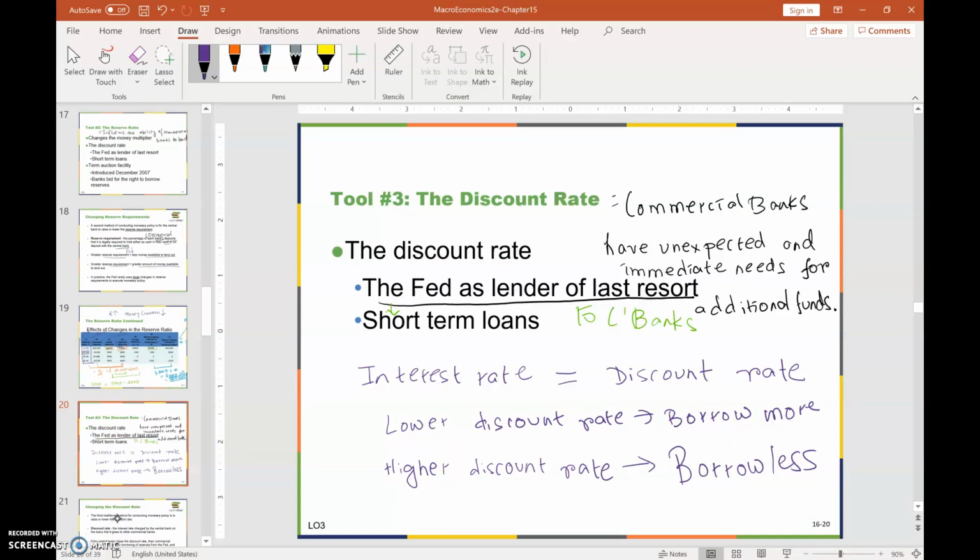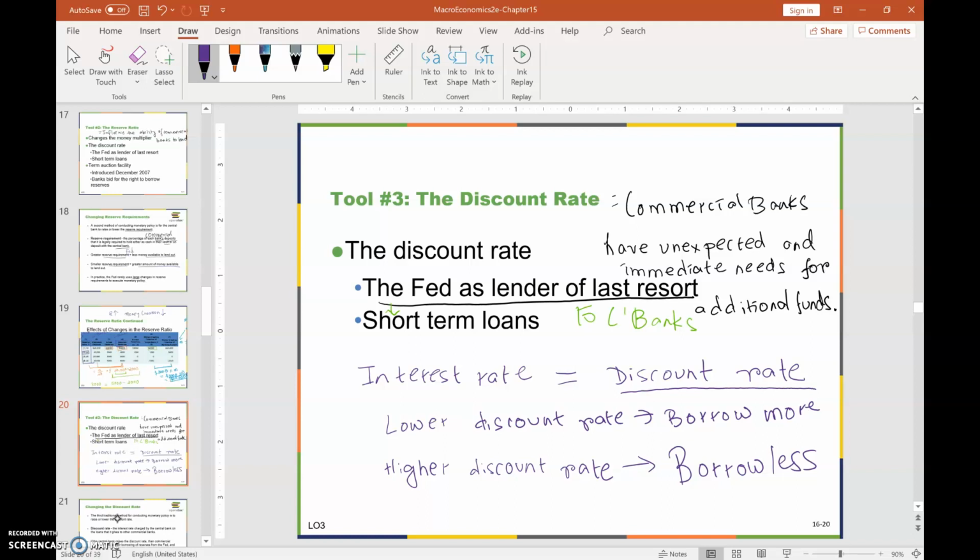Now look at the third tool of monetary policy, which is the discount rate. The commercial banks may have unexpected and immediate need for cash, and the Federal Reserve Bank is the lender of last resort, and they are going to lend short-term loans to commercial banks in its district. The interest rate the Federal Reserve Bank is going to charge the commercial banks is called the discount rate.